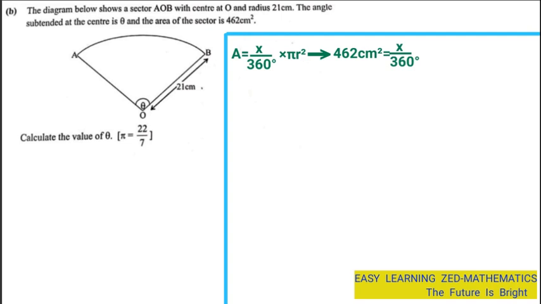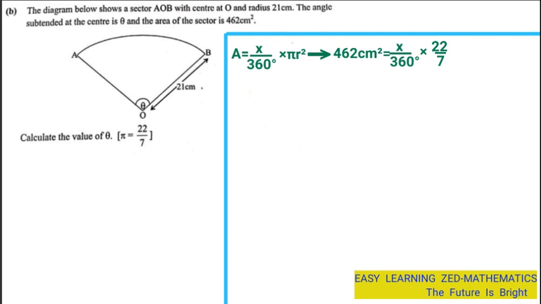Now you can see that the radius is raised to the power of 2, and in the diagram and in the statement we are given that the radius is equal to 21 centimeter, so we're going to multiply by 21 centimeter. First let me put the value of pi, which is 22 over 7.